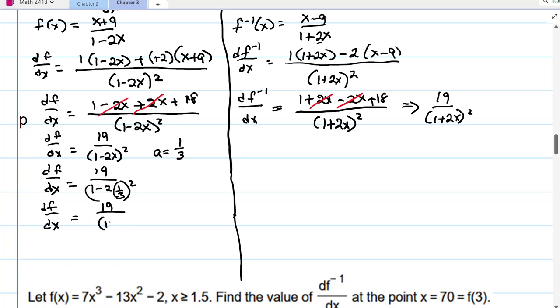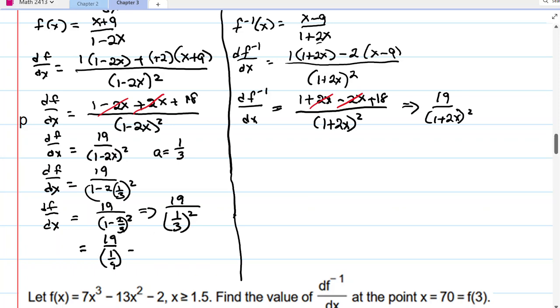This is going to be 1 minus 2/3. I'm going to go this side because I'm going to run out of room, and I'm sorry about that. I don't think I wrote large, but you can see my math. 19 over, this is going to be 1/9.